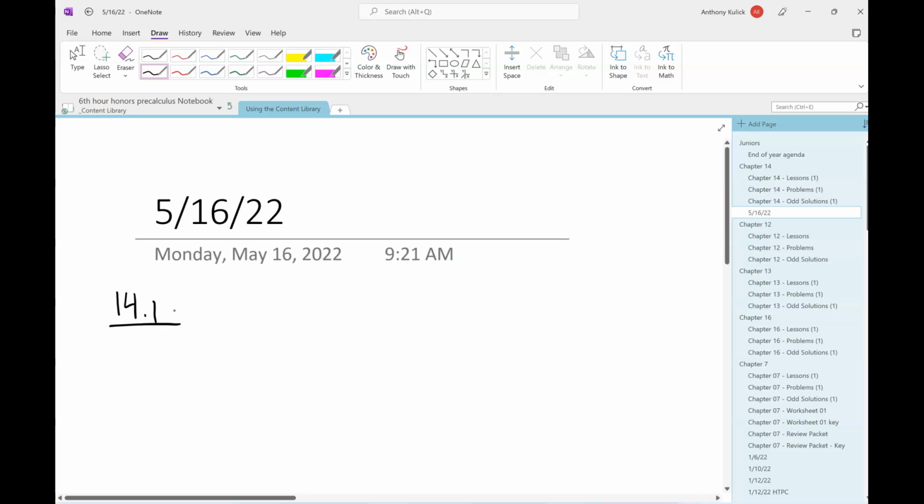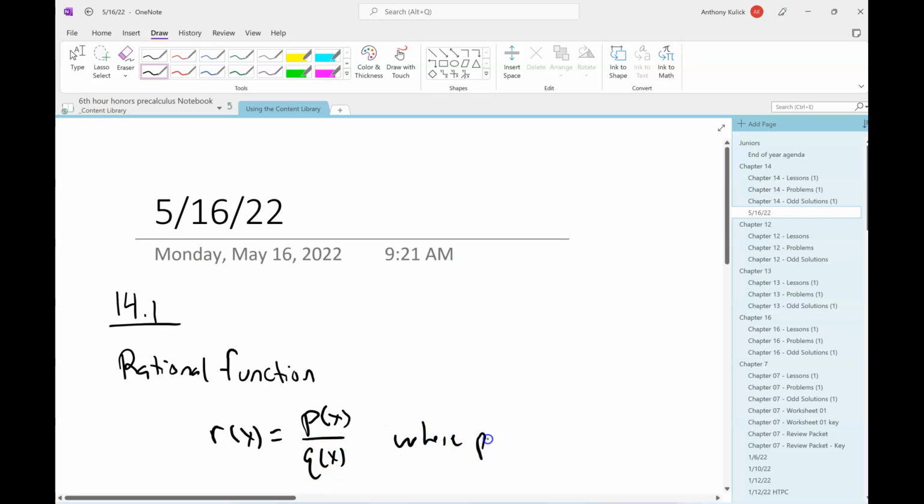So chapter 14 is all about rational functions. Rational functions are something that can be written in the form of p of x over q of x, where p and q are polynomials.